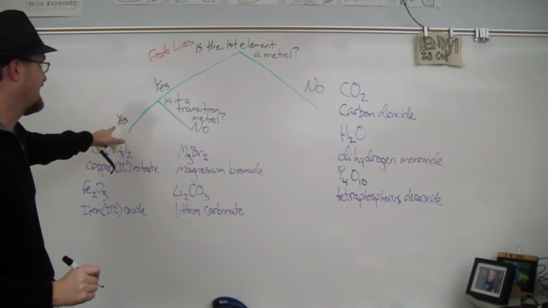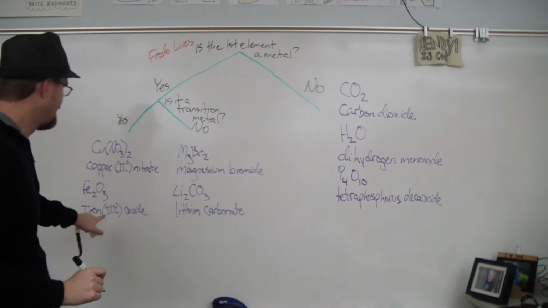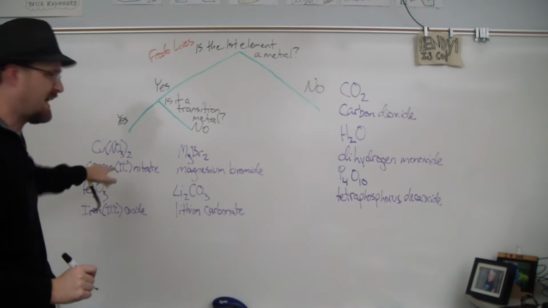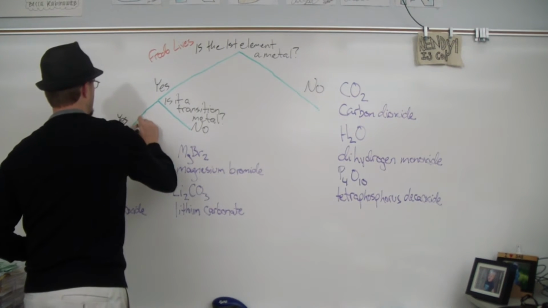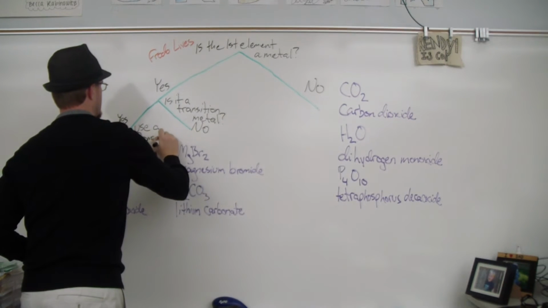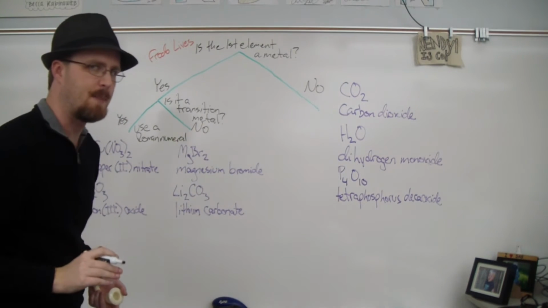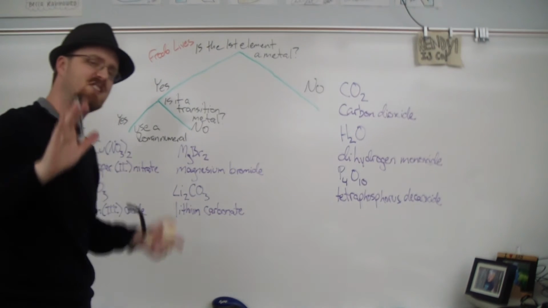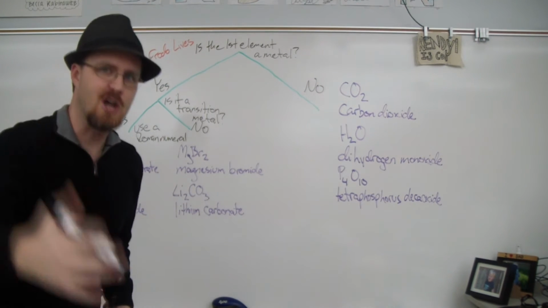So if the answer is yes and it is a transition metal, we can see from these examples there must be a Roman numeral in the name. So yes, we will use a Roman numeral. What do these Roman numerals represent, you ask? Well, transition metals are metals that have multiple charges.